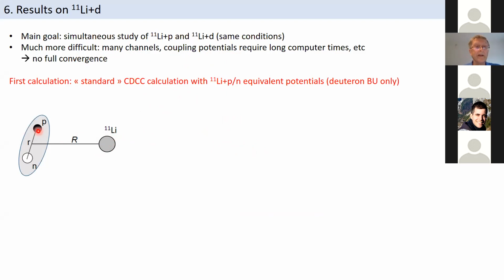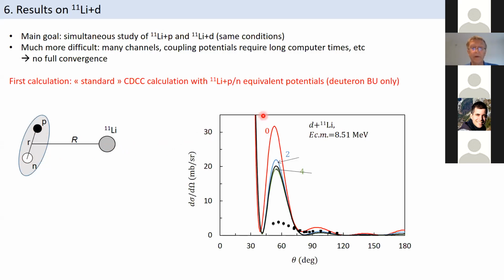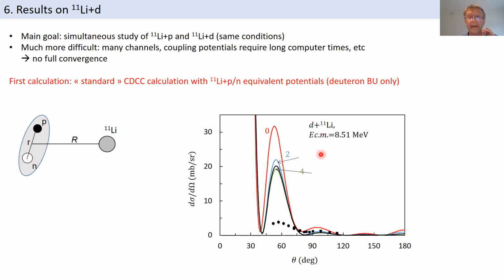So here I need proton-lithium 11 and neutron-lithium 11 potentials. And for that, I use the equivalent CDCC potentials. So there is here only breakup of the deuteron. So you have here the cross-section. These are the experimental points, the experimental data.